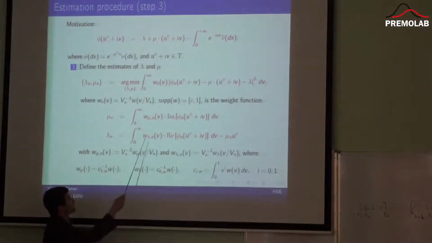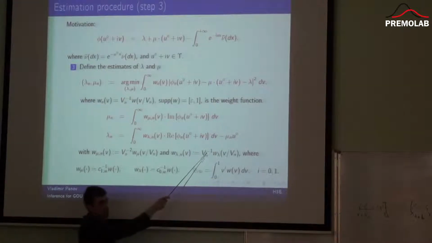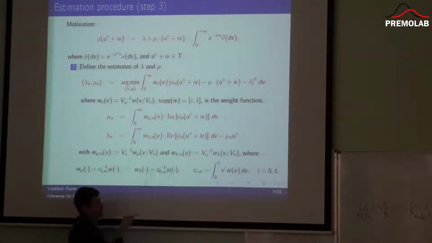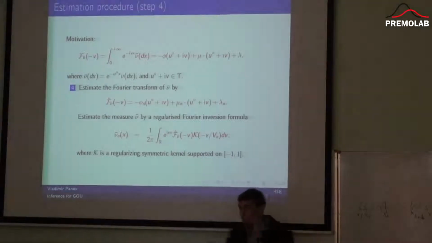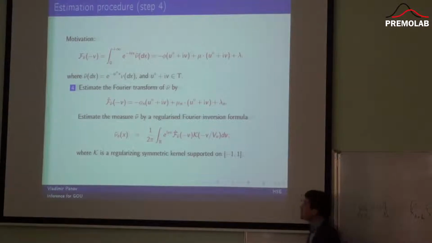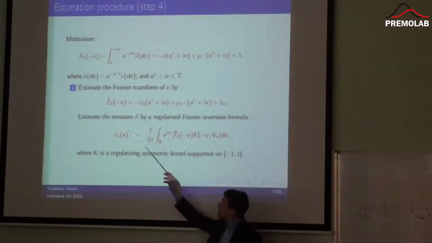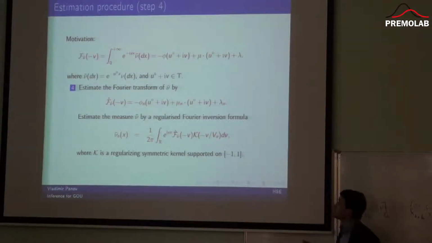The only difference is in the weight function: in the first case, it can be represented as Vn to the power minus 2, multiplied by something that is bounded, and here it is Vn to the power minus 1. If we already have estimates of lambda and mu, we are able to estimate the Fourier transform of the measure nu bar and to recover the Levy measure.